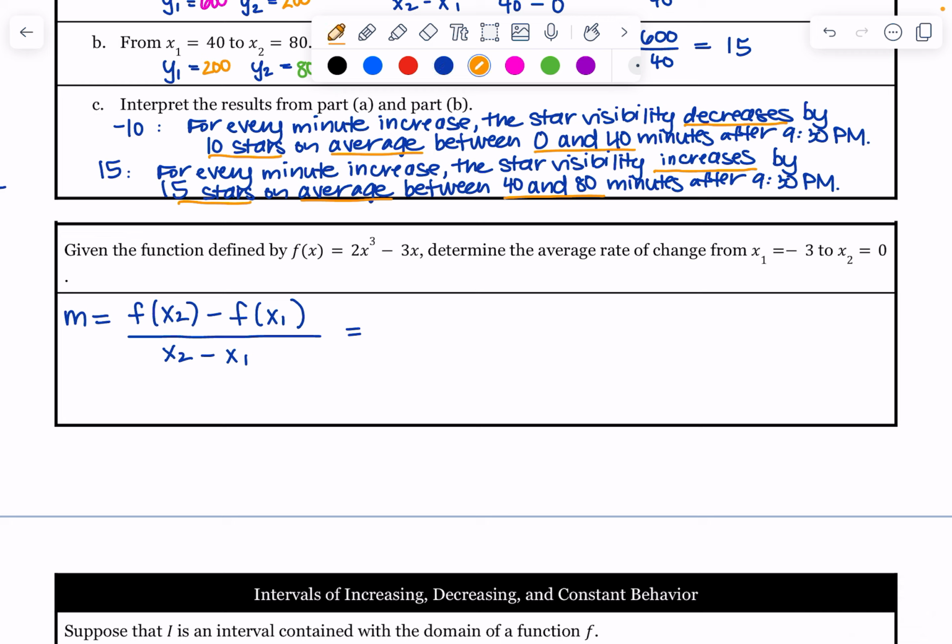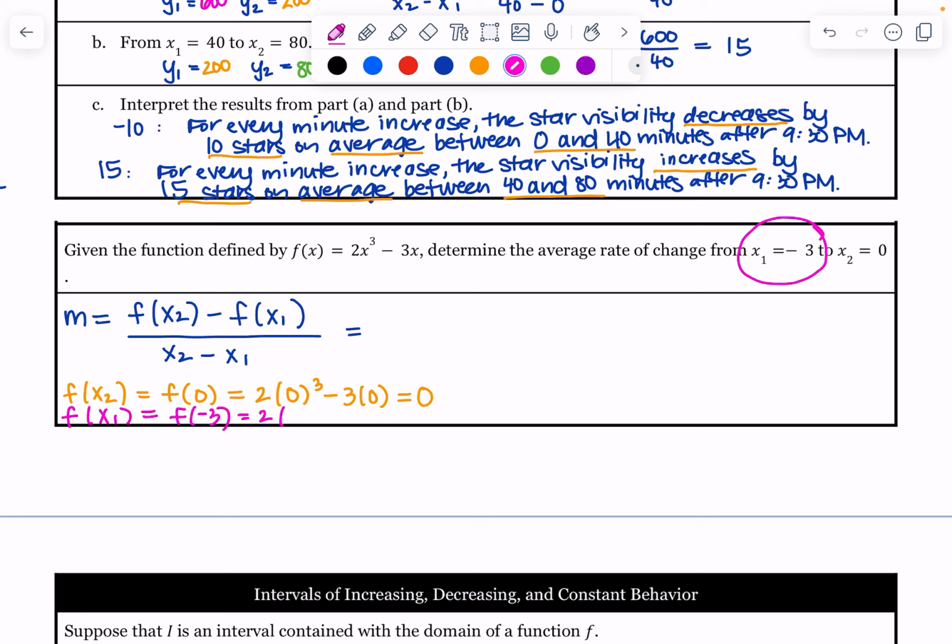So I'm going to grab a color here. So f of x2 is f of 0. And when I plug in 0, that's going to be 2 times 0 cubed minus 3 times 0. And that's just going to give me 0. When I do f of x1, that's going to be f of negative 3. So I'm pulling that from here.